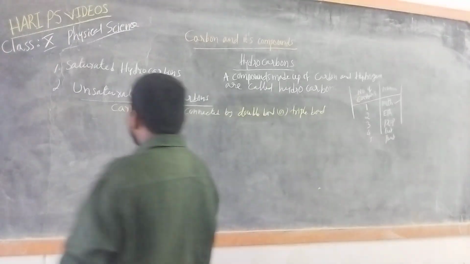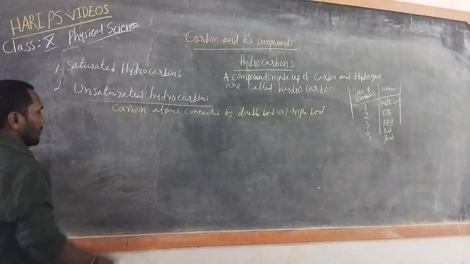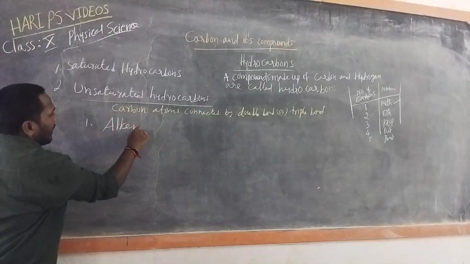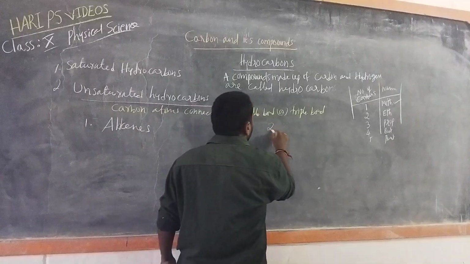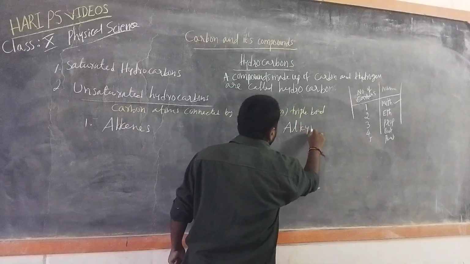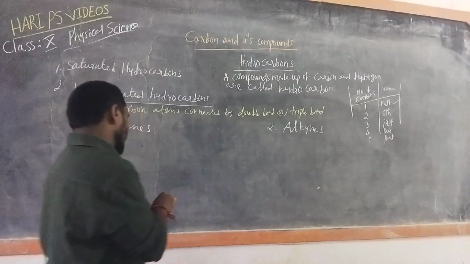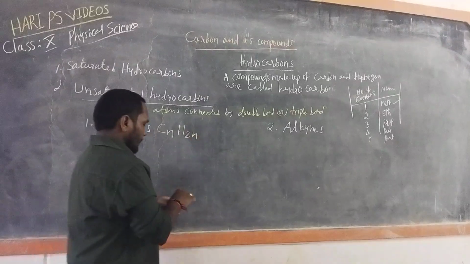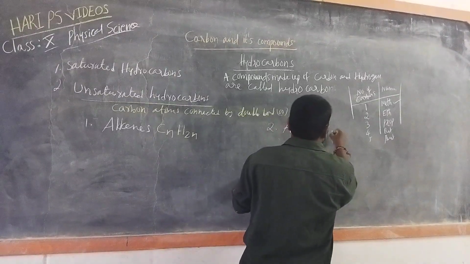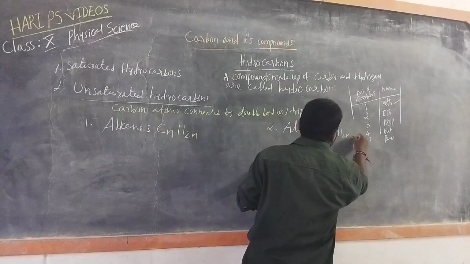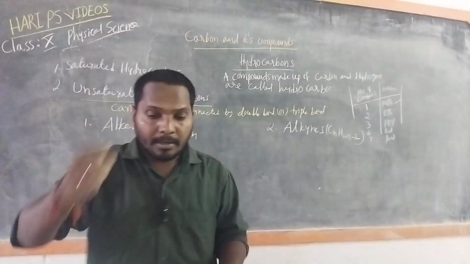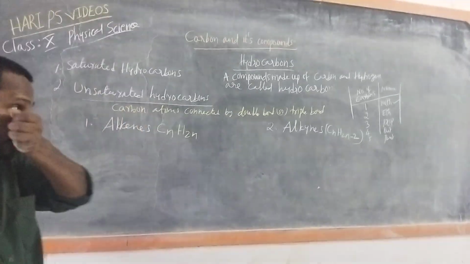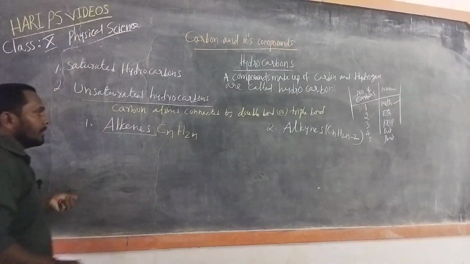So there are 2 types of unsaturated hydrocarbons: one is alkenes, the other is alkynes. Alkenes general formula CnH2n. Alkynes general formula CnH2n-2.